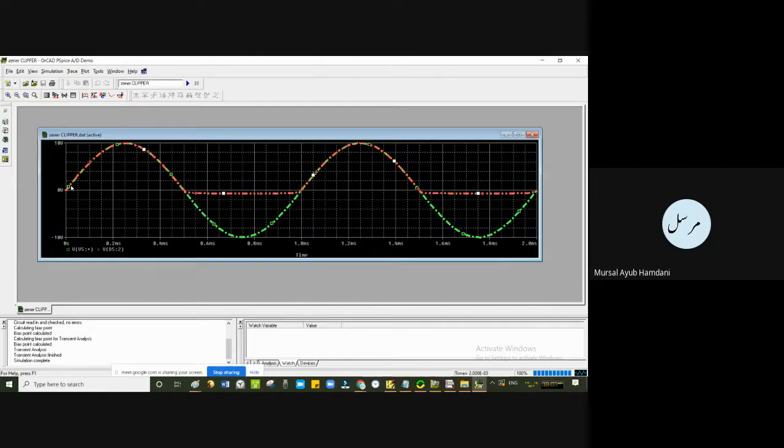So you can clearly see it will be just a negative side clipper.